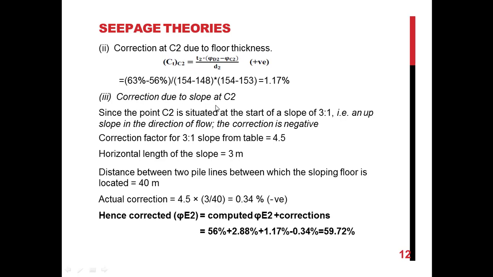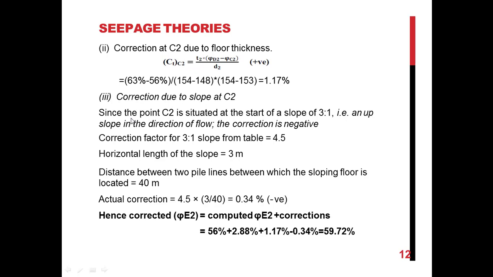Also the correction due to slope at C2: since the point C2 is situated at the start of the slope of 3:1, that is an up slope in the direction of flow, the correction should be negative. The correction factor for 3:1 slope from the table, which is already given in lecture number 9, is equal to 4.5.